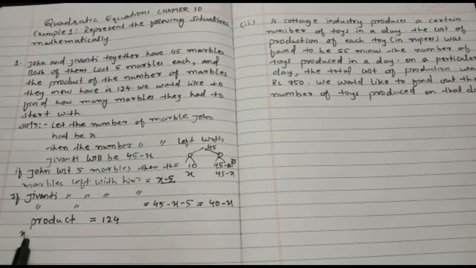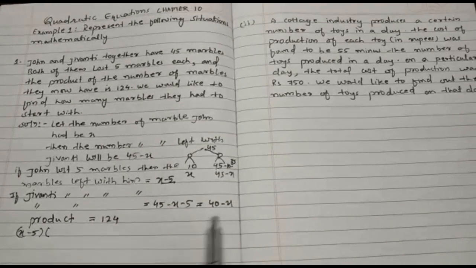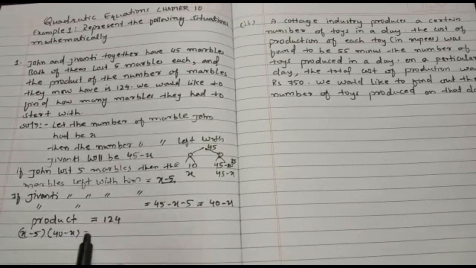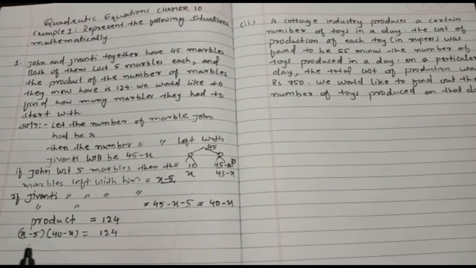So (x minus 5), product means we have to multiply, then the marbles remaining with Jeevanti, (40 minus x), is equal to 124. Now open the bracket.